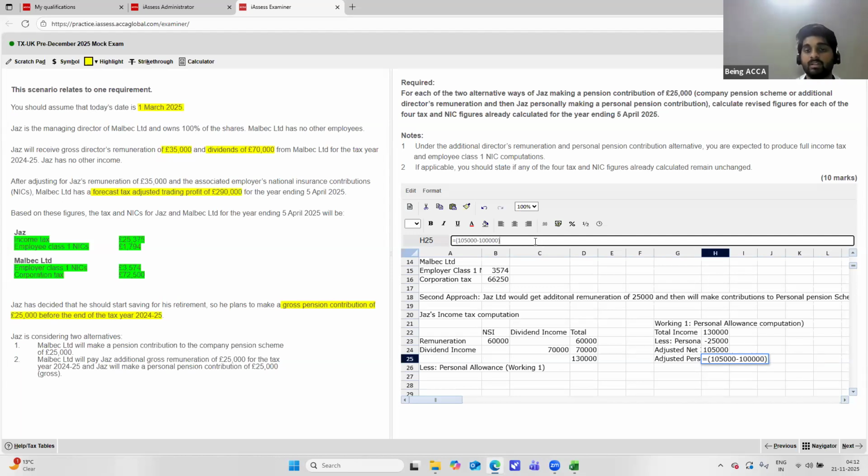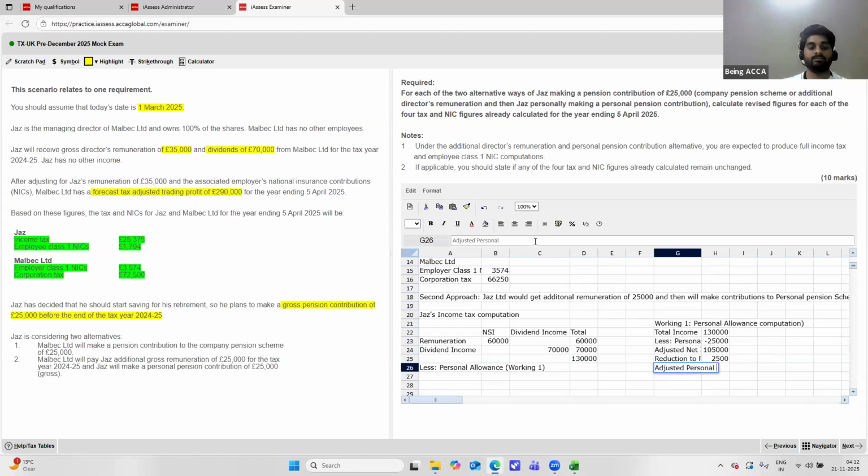If this is not happening, you can always show it separately. We can write it as reduction to personal allowance, and here you can show the adjusted personal allowance. This would be 12,570 minus the value above, which will give you 10,070 pounds. That is your adjusted personal allowance. So that should be taken here.